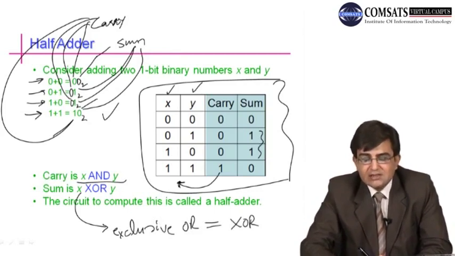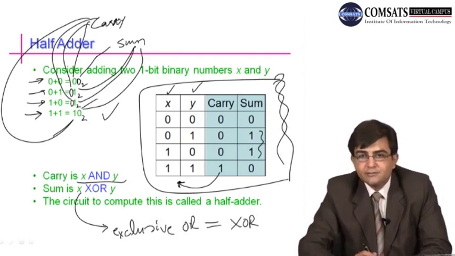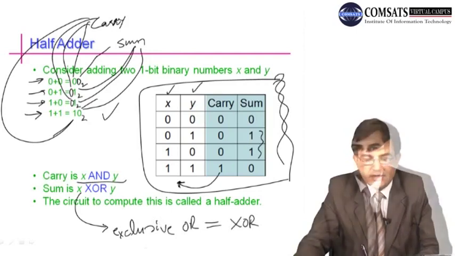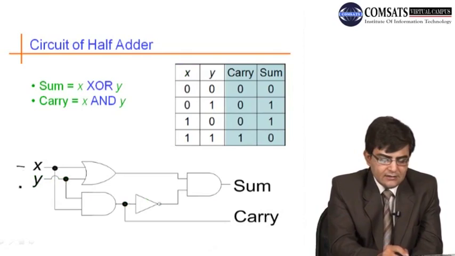The circuit to compute this is called a half adder circuit. And the circuit is this, where the input is X and Y.